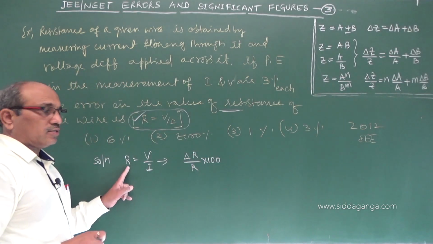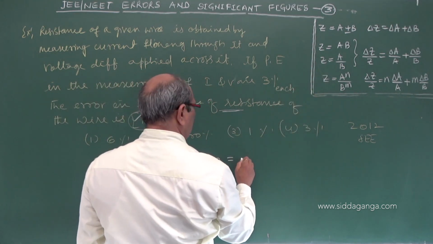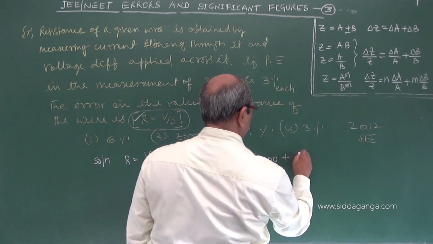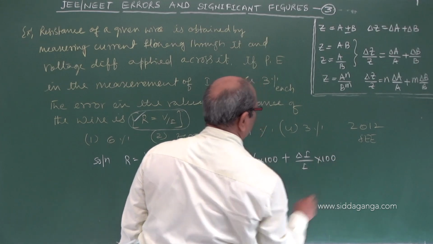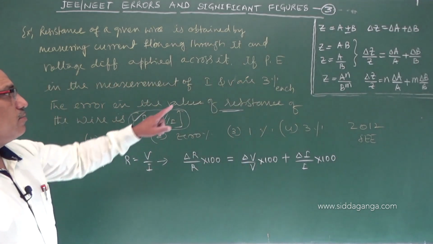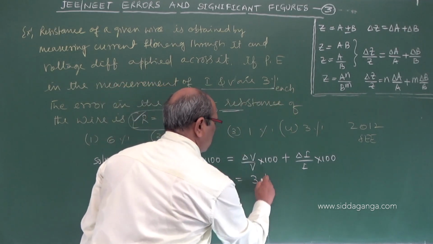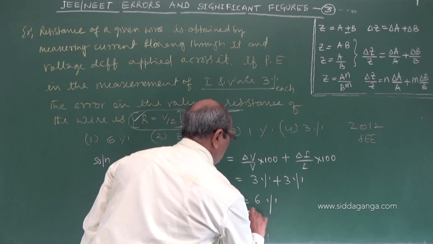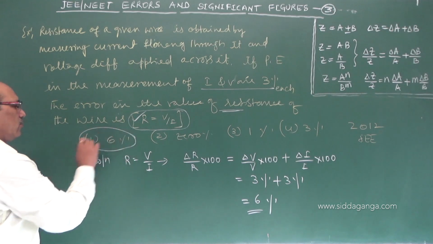This is a ratio, A by B, so it is delta V by V into 100 plus delta I by I into 100. But in each case the error mentioned is 3%, that is 3% plus 3%. Hence the answer is 6%. You got it, the first one is the option.